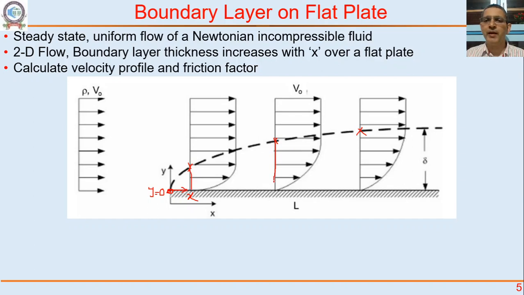It is denoted by a symbol delta, and you can see that because we are talking about flat plate, from the start of the plate, delta is a function of x. At x equal to 0, delta is 0. As you go along x, delta increases. Delta is a function of x.